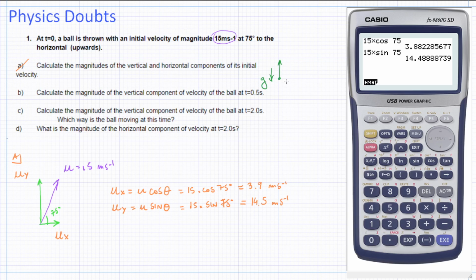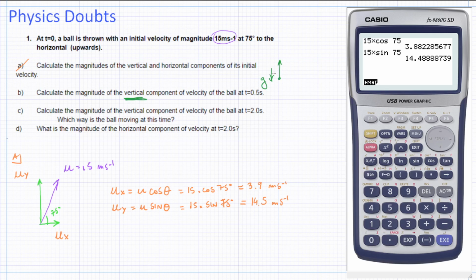So it's being stopped. It's decelerating, since the acceleration is in the opposite direction of the velocity. So if we observe just the vertical motion, it's a one-dimensional motion, right? So we can just use the SUVAT equations that we know.